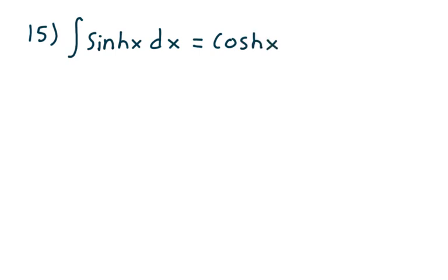Number 15. The integral of sinh x dx. So, by the way, that's hyperbolic sine of x. This is equal to the hyperbolic cosine of x plus c. Now, a couple things to note.